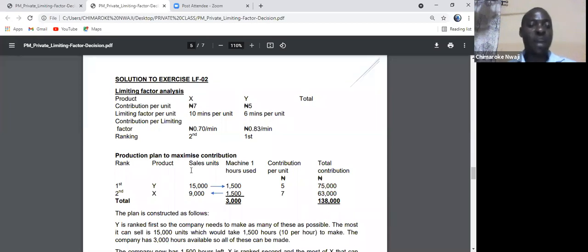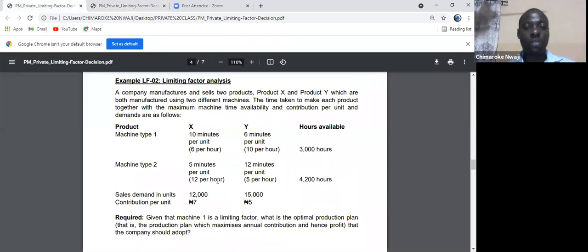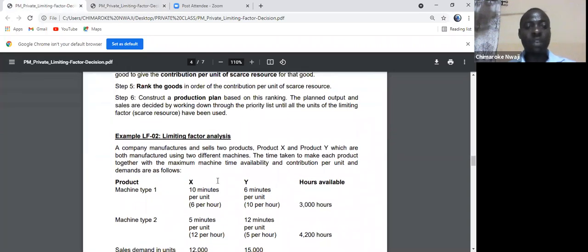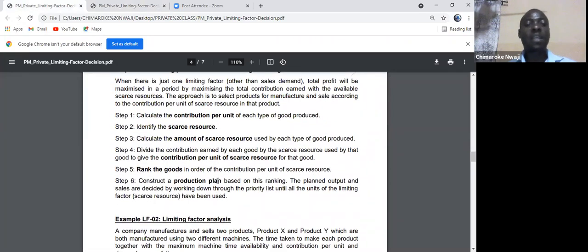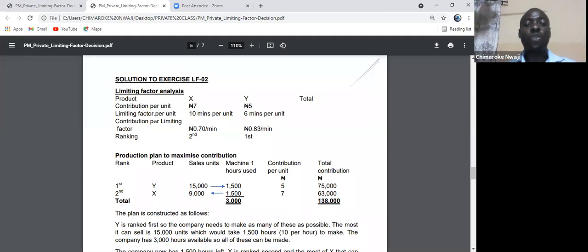Step number 1. It pays for me to open the steps so that we'll look at it again. Calculate the contribution per unit. In this case, we don't need to calculate it. We were given as a bonus 7 naira and 5 naira for X and Y respectively.